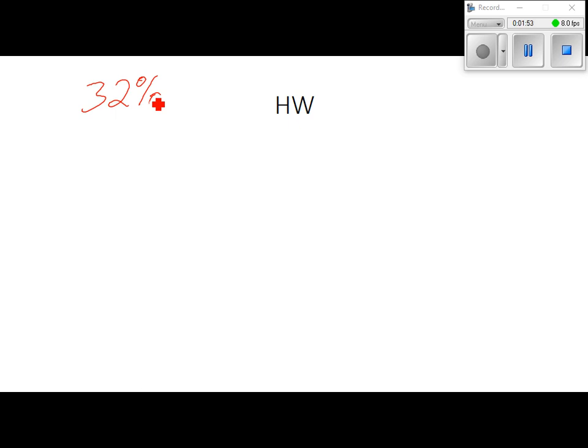If there's not one shown, it's right here. And whenever you're changing a percent to a decimal, you always bump it how many places? 2 places.